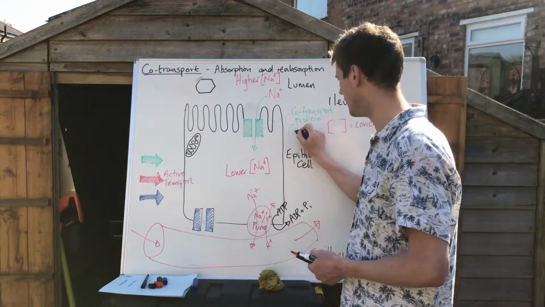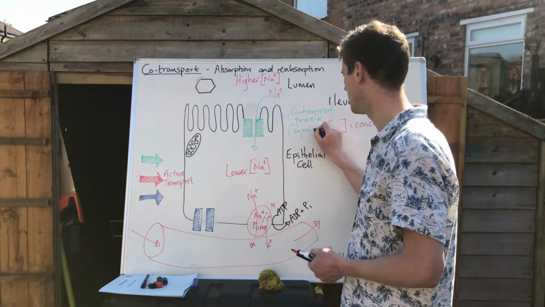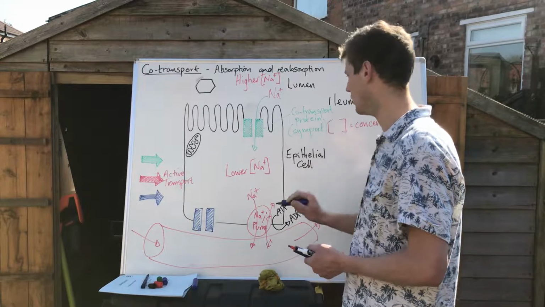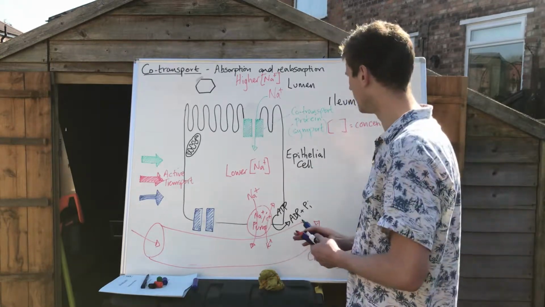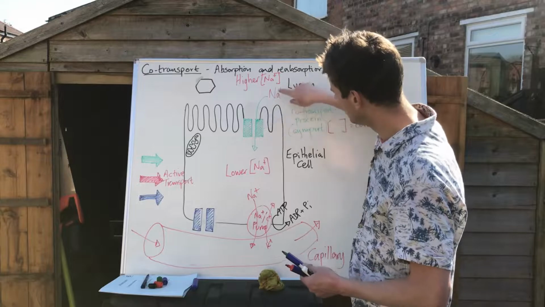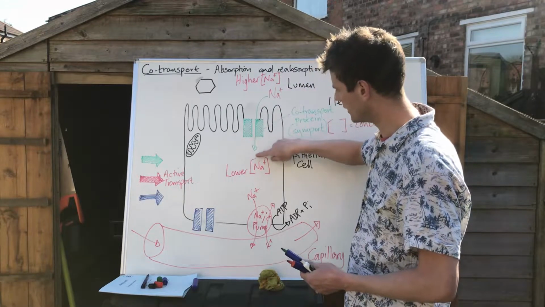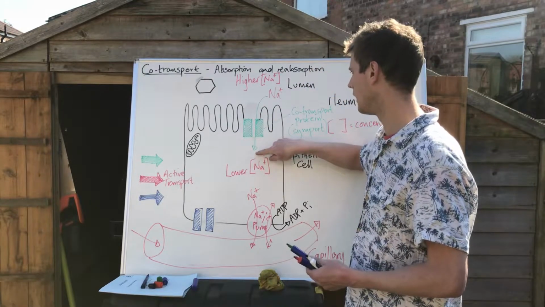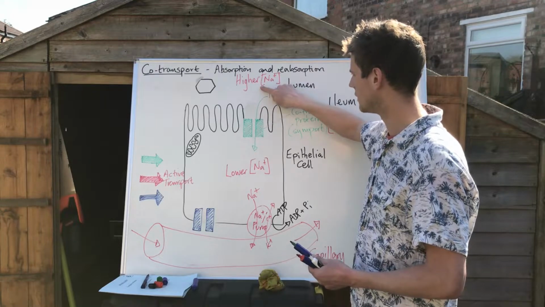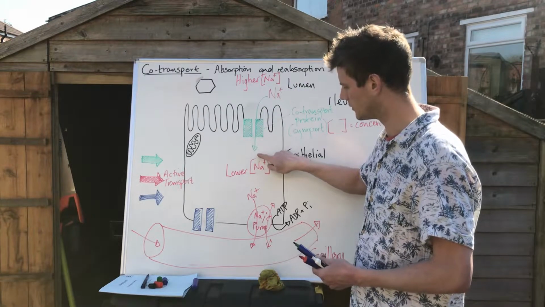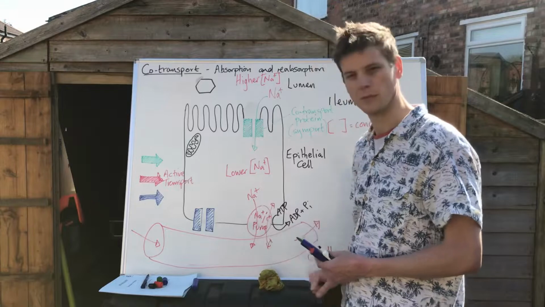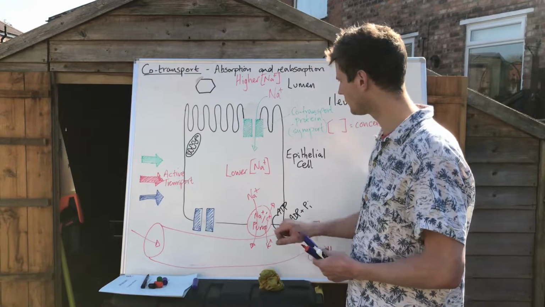Sometimes you'll see it written as a symport. Okay. So sodium moves down its concentration gradient from the higher concentration in the lumen to the lower concentration that's being produced by the sodium-potassium pump.